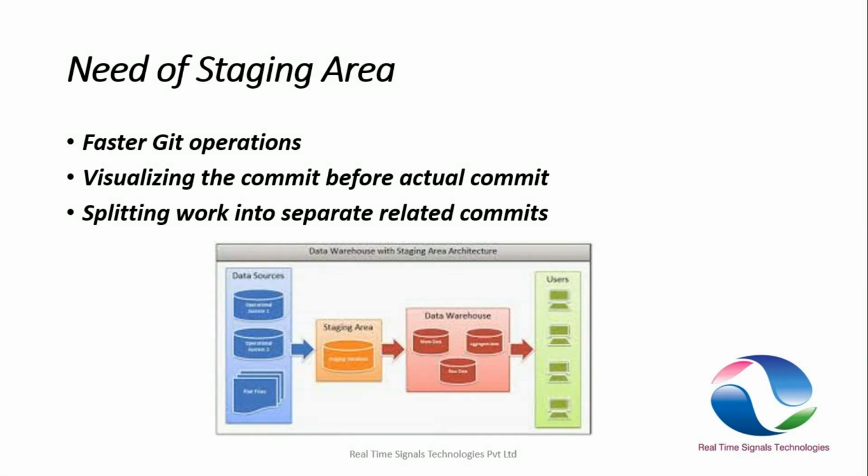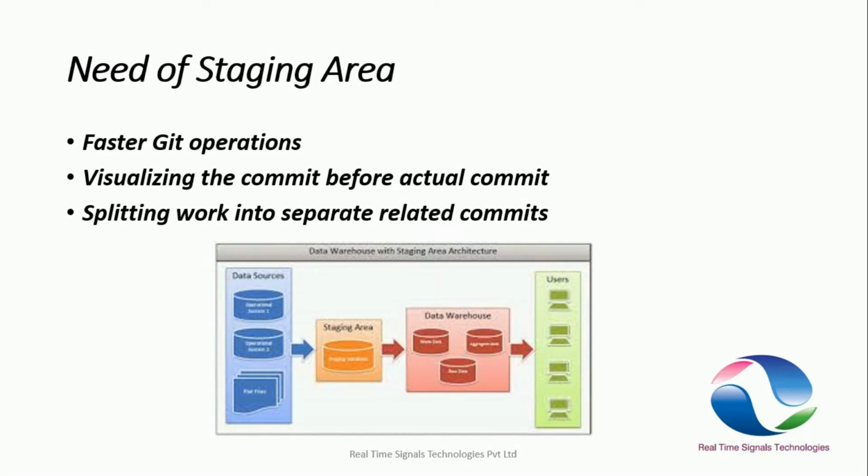However, in case of Git, staging the files doesn't need interaction with the Git database. It's only when the files have to be committed that Git checks for the presence of commits made by other users. Thus, staging helps in recording the changes even before committing them to the Git database. 2. Visualizing the commit before the actual commit.